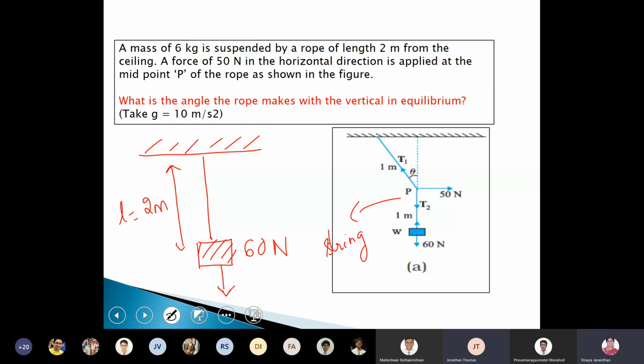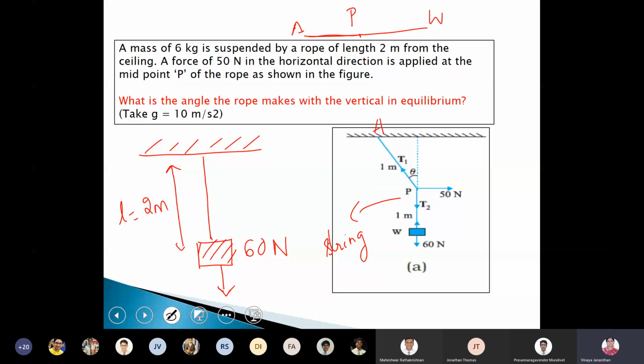Your string is now divided into two parts. Say I put this point as A. From point P to point A, the length of the rope is 1 meter. The entire rope is now divided into two parts, P to W and P to A. From point P to point A, the tension along the string is T1.